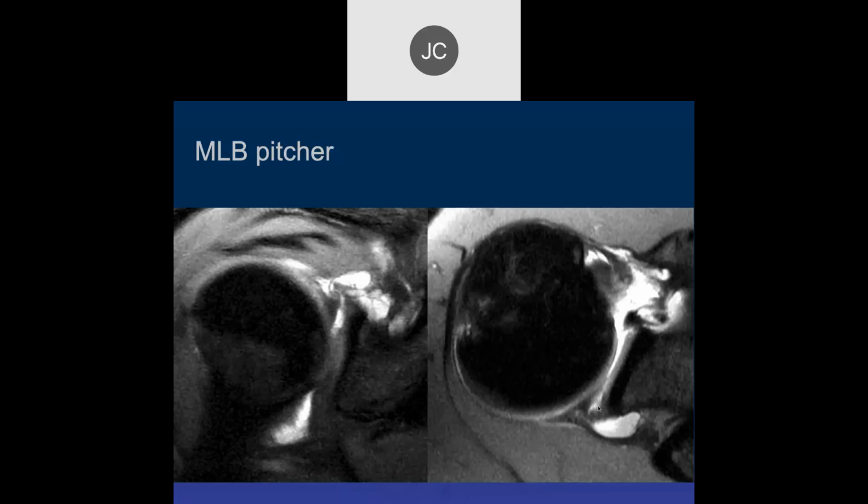And posteriorly here, we can see that posterior superior labrum, a common location for tears that we talked about before in overhead throwing athletes due to both posterior impingement as well as the peel-back mechanism that we just talked about, with a nice paralabral cyst right adjacent to the tear.